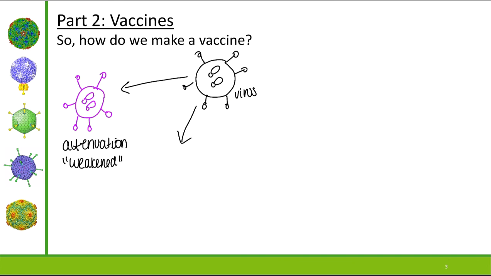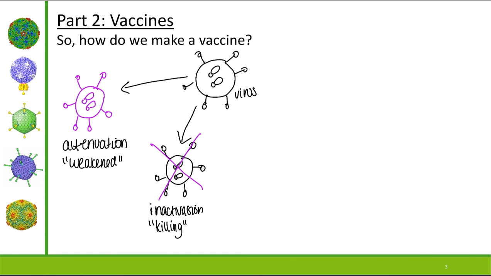We can also take a virus and, instead of attenuating it and having a weaker version of it, we can actually inactivate it. So I'm just going to draw an X over it to represent inactivation. Inactivation can be using chemicals, and we'll talk about some examples of chemicals that are used, and in a way, it is killing the virus.